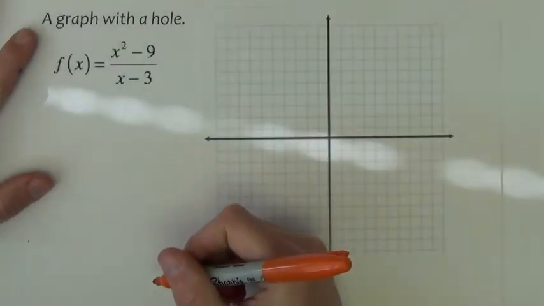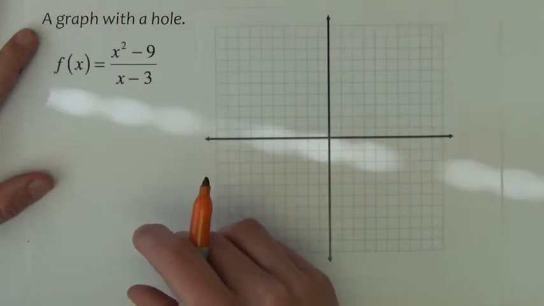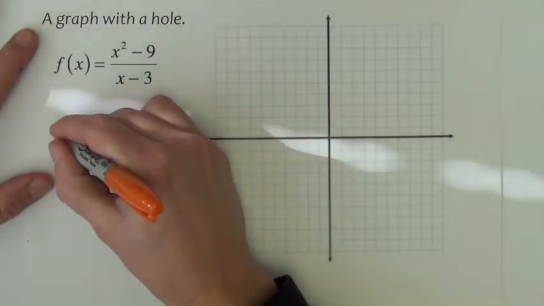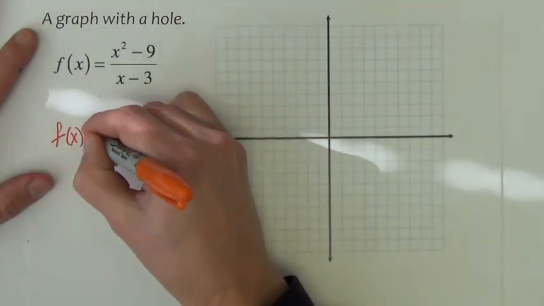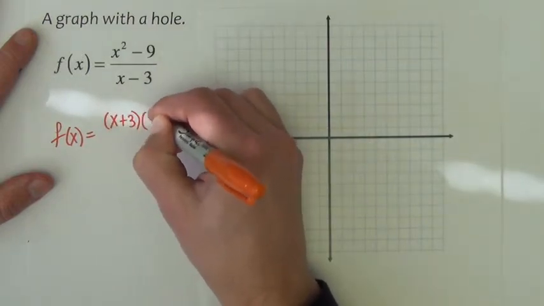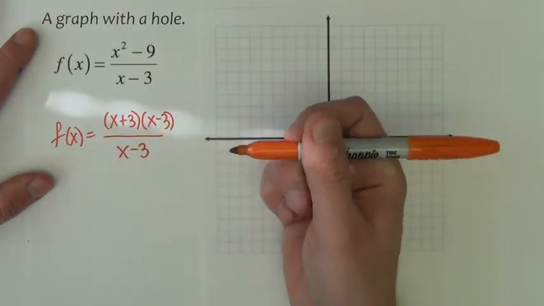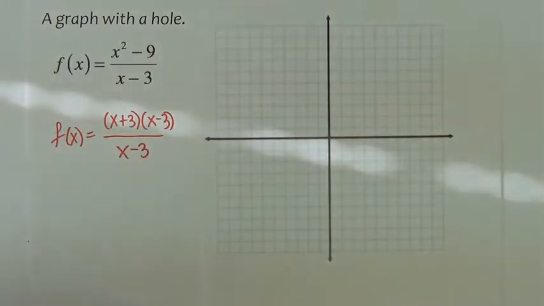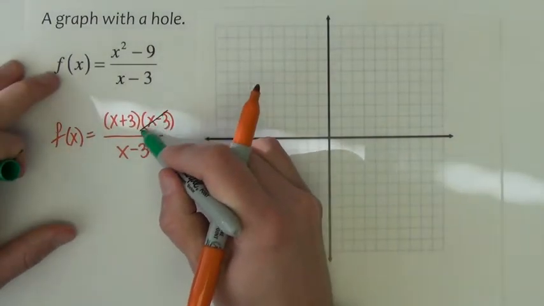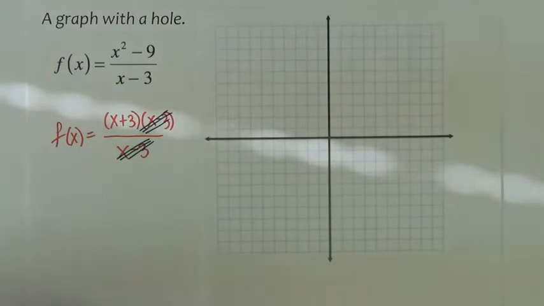Okay, I wanted to give you one example of a graph that doesn't have a vertical asymptote but instead has a hole in the graph. They're recognizable because oftentimes the function itself has a factorable numerator. By factoring the numerator, you can see that the denominator cancels out.